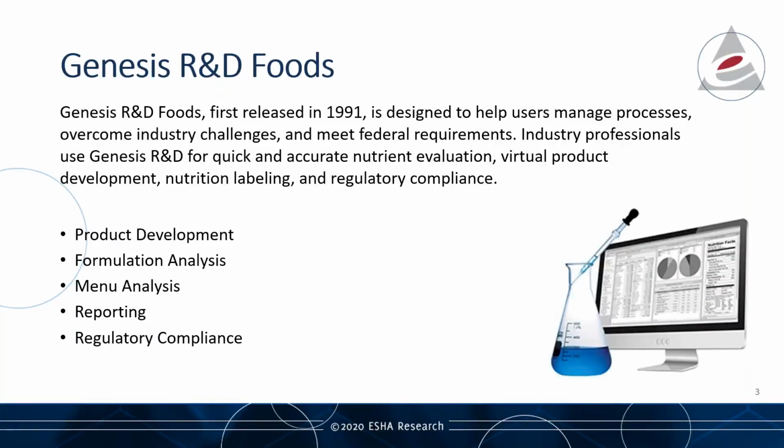Today, we're on Genesis R&D Foods, which was introduced in 1991 to address the formula analysis and compliance needs for the NLEA labeling regulations. Over the years, Genesis has experienced continued development and expanded labeling capabilities to Canada, Mexico, and EU formats, along with the United States restaurant and food service labeling.